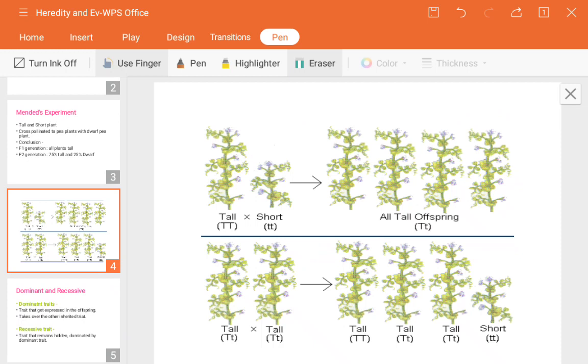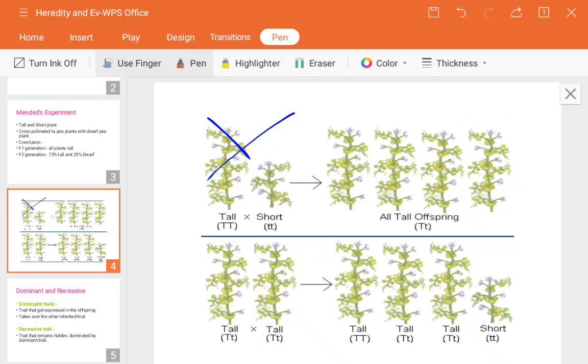So he tried to cross them. Crossing is nothing but pollination, which has taken place. One copy of the trait from the taller plant and one copy from the dwarf plant got passed, meaning which of the traits are expressed or not expressed, that he was trying to show here.